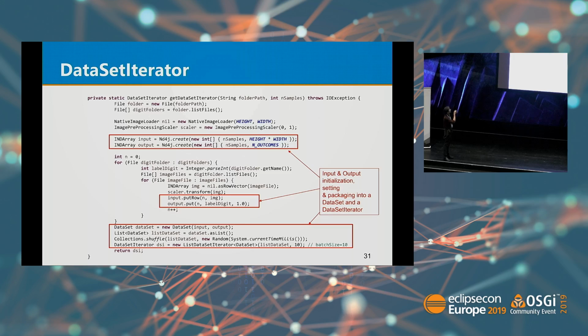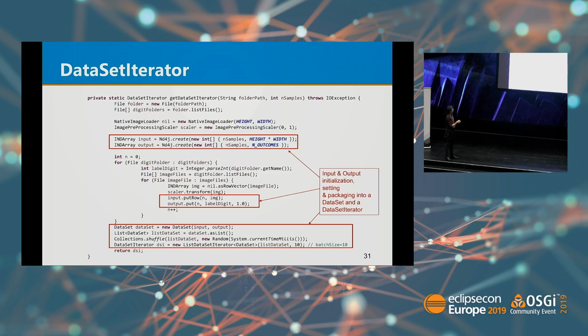So here we are defining this native image loader, which is responsible for reading the image and serializing the value of the pixels. Then we have this scaler, which will be responsible for mapping each pixel value into a 0-1 range.